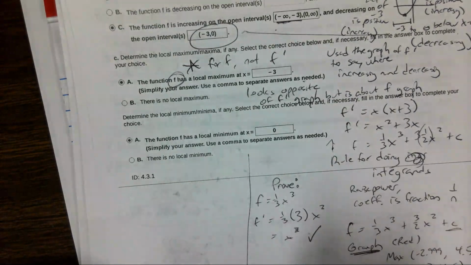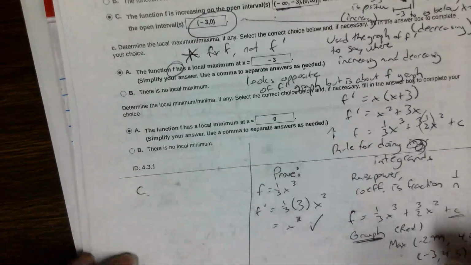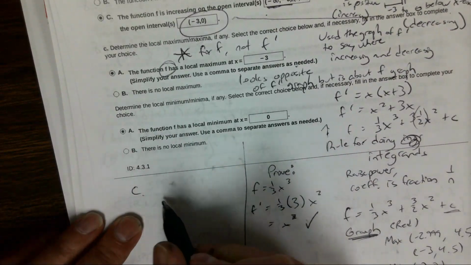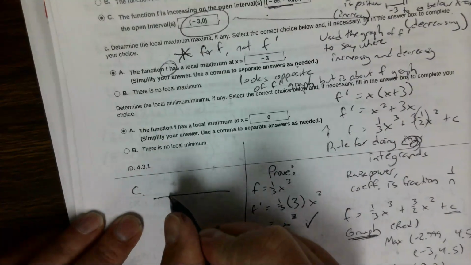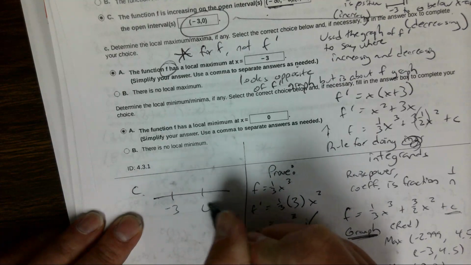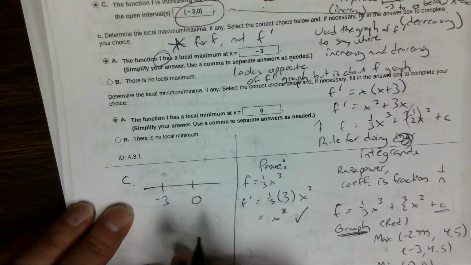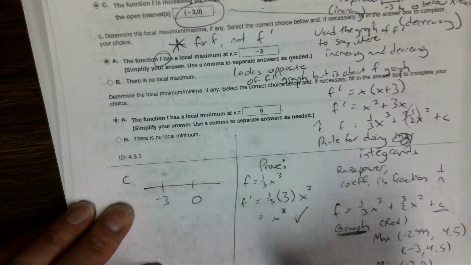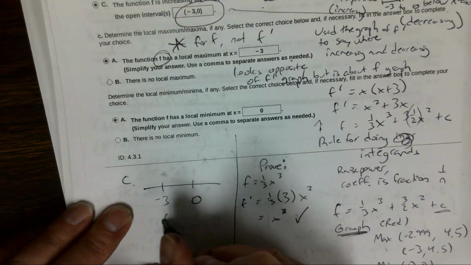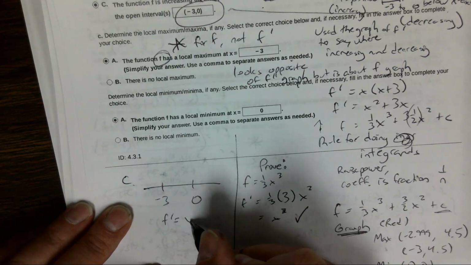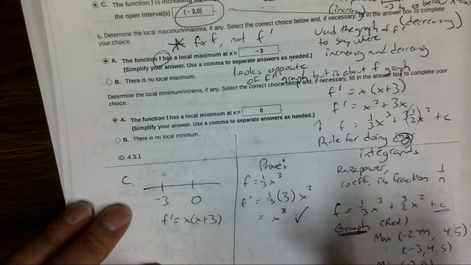So on part C, what we would have done is we would have had a -3, we would have had a 0, and f prime is x times x plus 3.